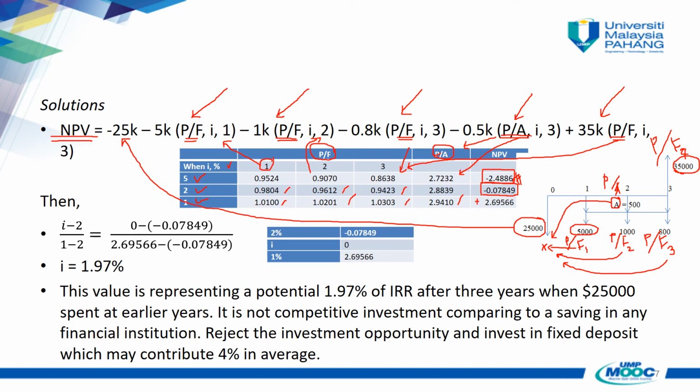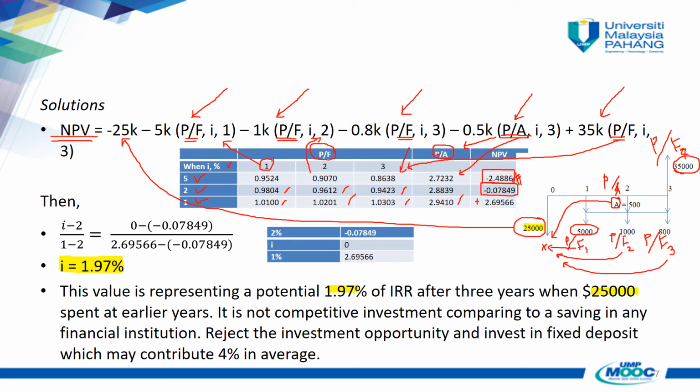Then we interpolate the information, the value, and we will see that the interest rate we can collect is just 1.97%. Too low. After 3 years, we only get 1.97% when 25,000 is spent in the earlier years.